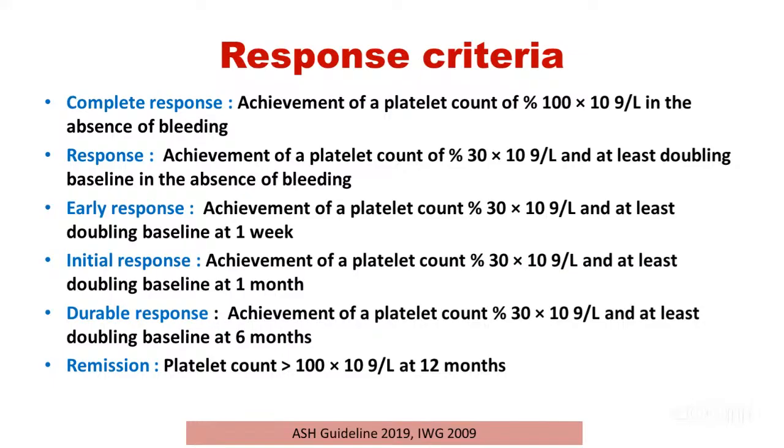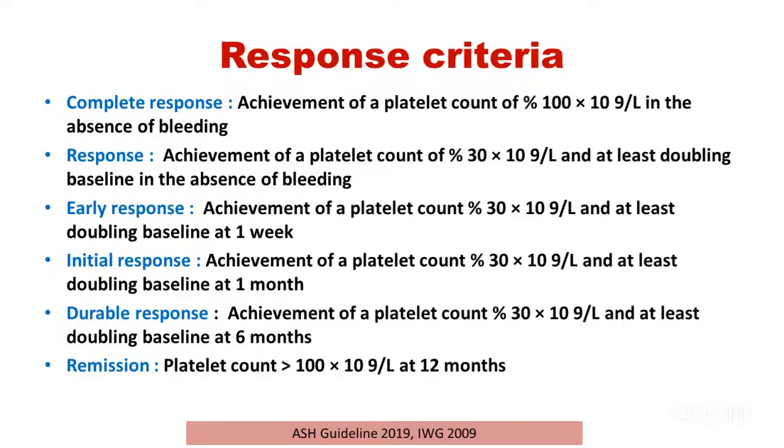We call it a response when the platelet count is more than 30,000, between 30,000 and 1 lakh, and at least a doubling of the baseline in the absence of bleeding. Early response means it occurs within 1 week, initial response within 1 month, and durable response within 6 months. We call it a remission when there is a platelet count more than 1 lakh at 12 months.